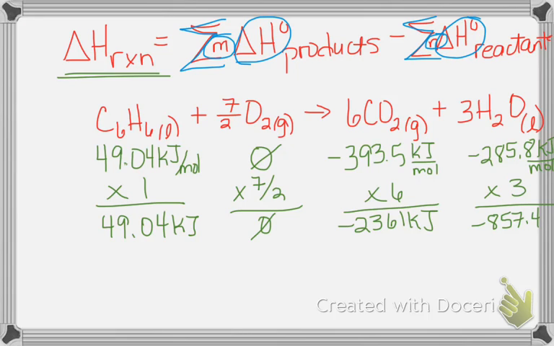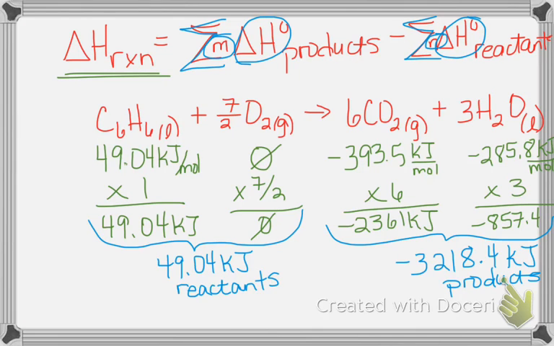Sum them up. The next thing you need to do is sum up the reactants and then sum up the products. After you sum them up, what's the last thing you think you need to do? Subtract. Products minus reactants.